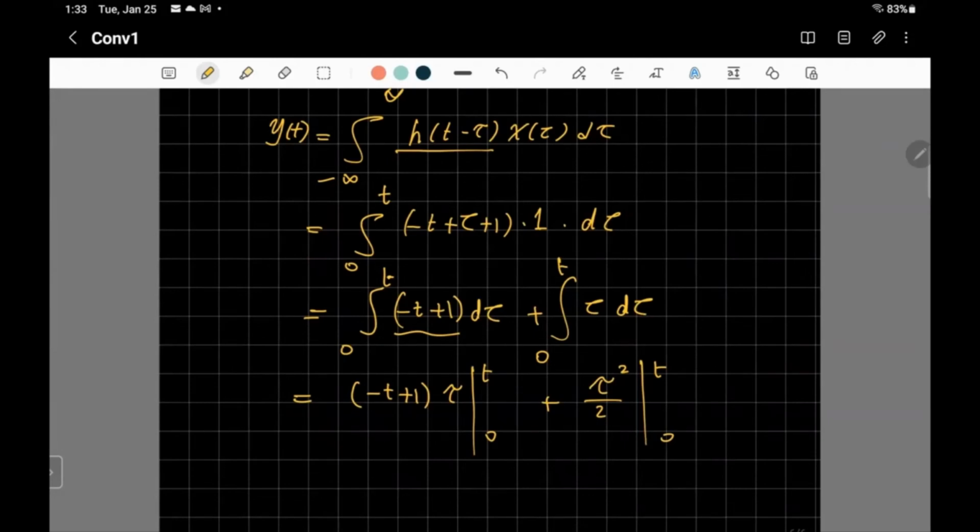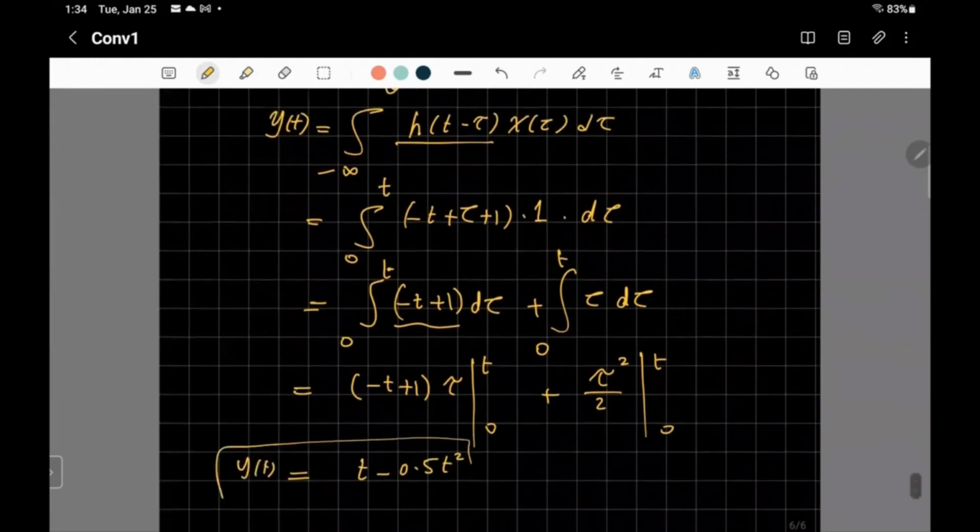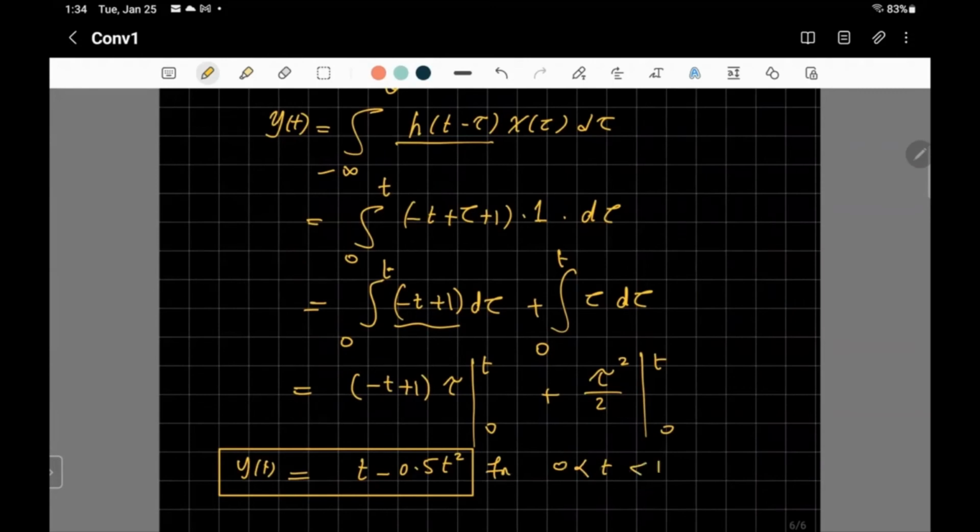So I did the integration, and the result will be like that: t minus 0.5 t squared. That's y of t, and you have to remember this output is only valid for t greater than 0 and less than 1.